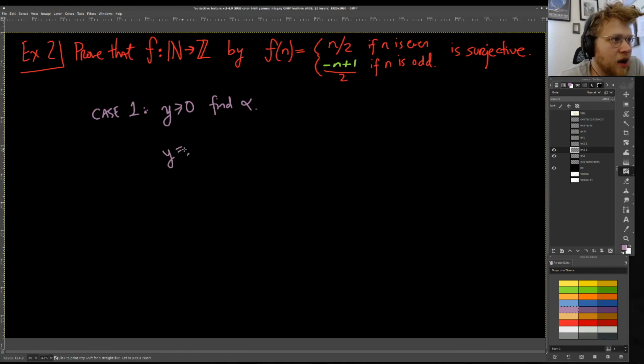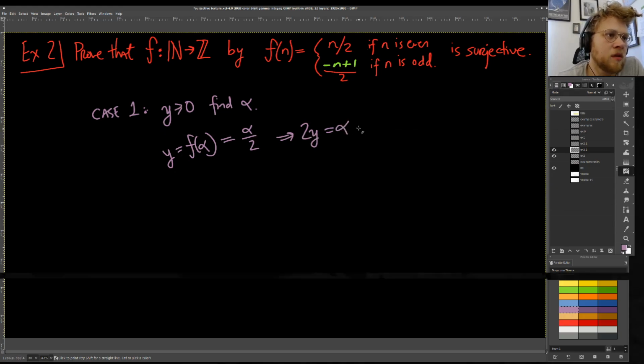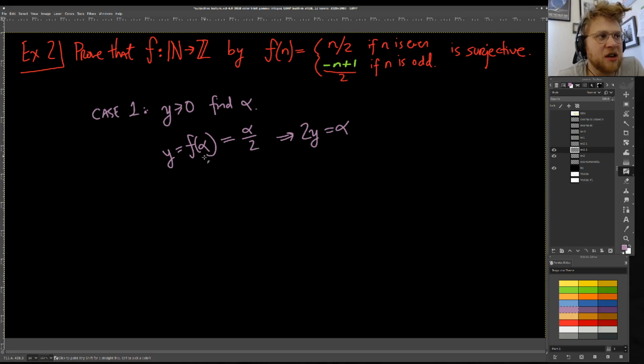So that actually does help us. We want y to equal f of alpha, and we want that to be alpha over 2. So that would mean that 2y equals alpha. When we did this, we just kind of said, let's hope that alpha is going to go into this function correctly.